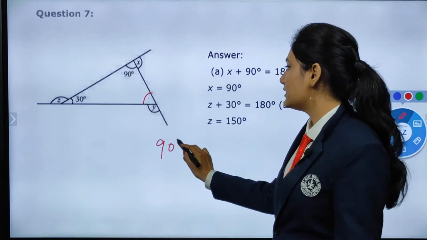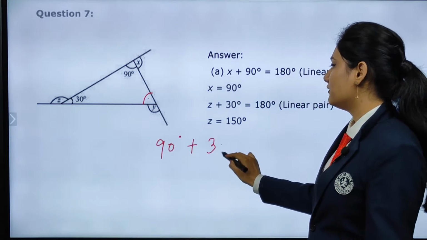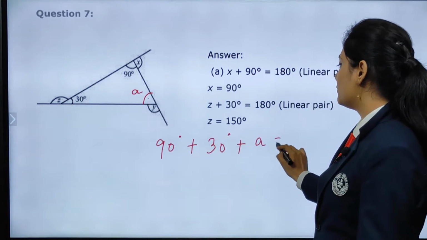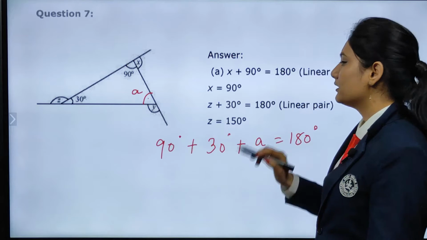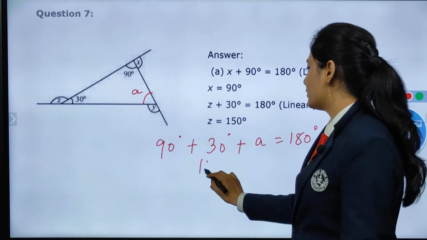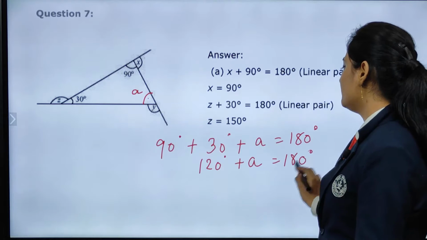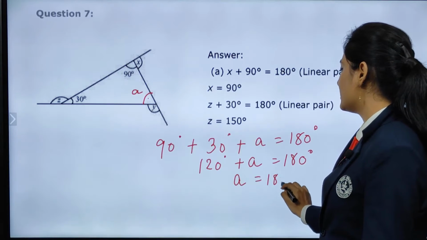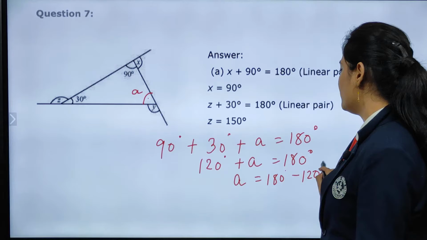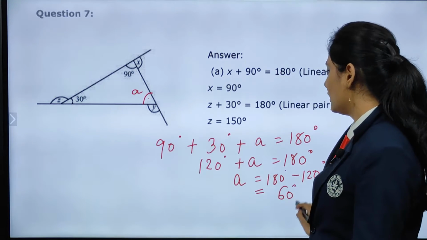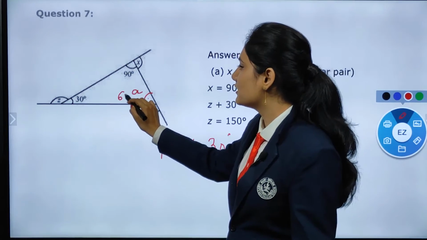So 90 degree plus 30 degree. Let's suppose this is A, is equal to 180 degree. So it will be 120 degree plus A is equal to 180 degree, A is equal to 180 degree minus 120 degree. So it will be equal to what? 60 degree. Okay, so this angle is 60 degree.